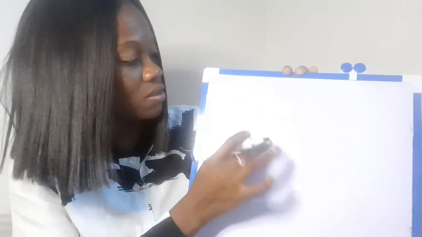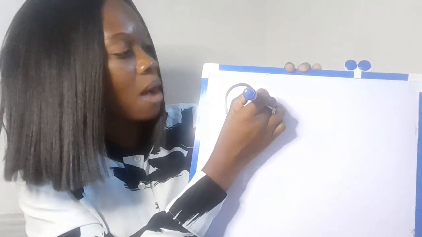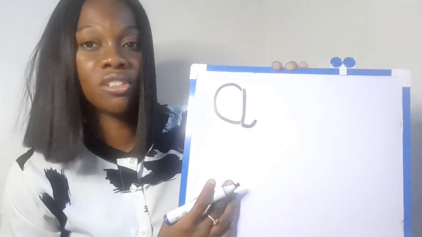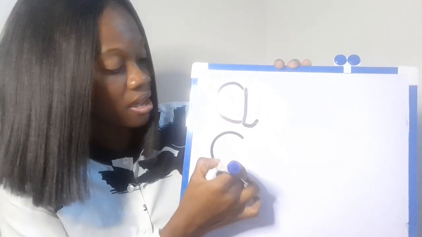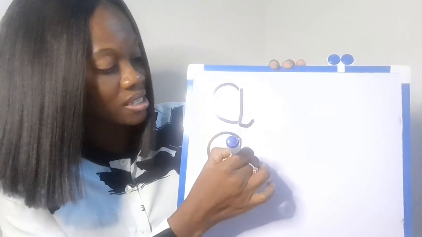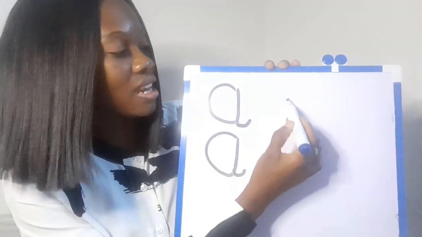Okay, so we're going to do this, right? A back curve, go up, down, and make a loop. Did you see that? So we're going to do that again. A back curve, go up, down the same line, and make a loop. Did you see that? Let's take it again. Now watch.